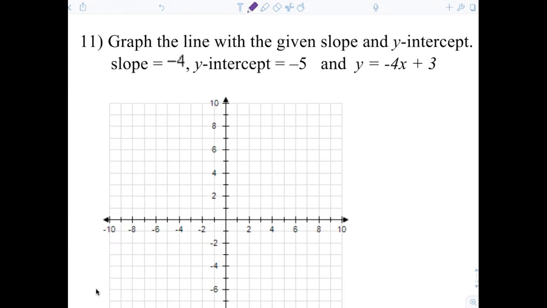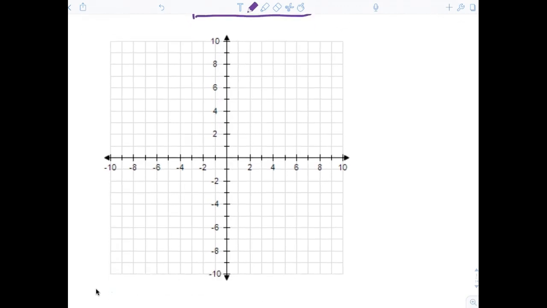Now, for number 11, what I did was I just didn't put in an equation. So what's the y-intercept here, guys? So what do I have to do? Plot 0, -5. So everybody plot 0, -5. Now after you plot a point, you're going to use the slope.